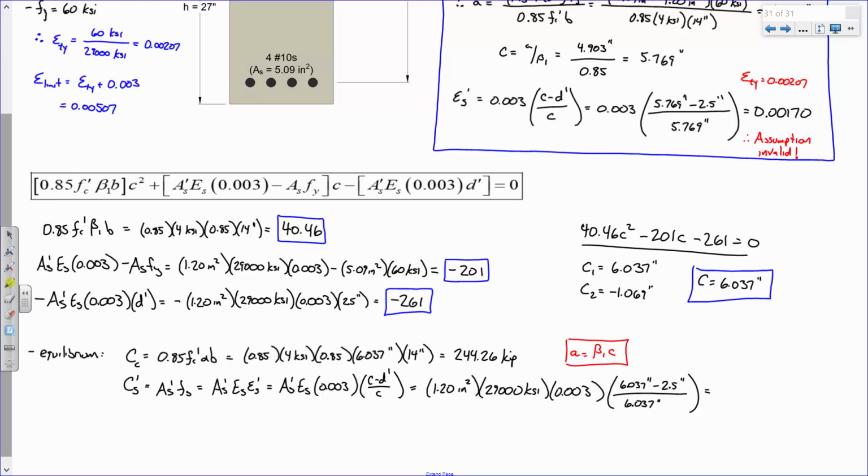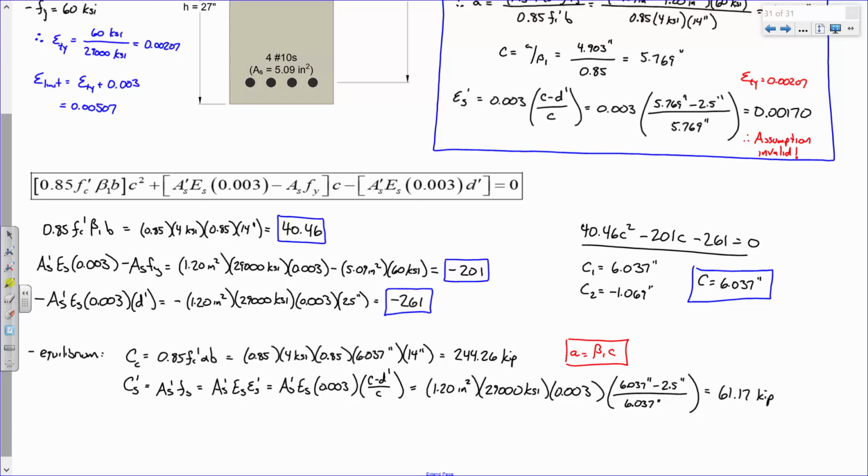And we'll say 2 decimal places. 61.17 kips. Do I have a second on that?